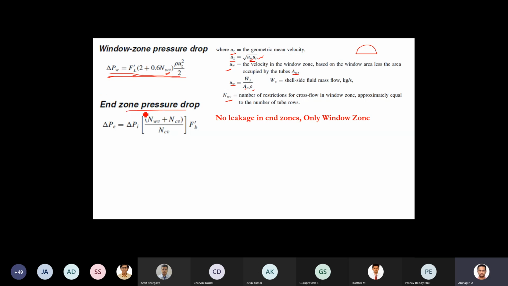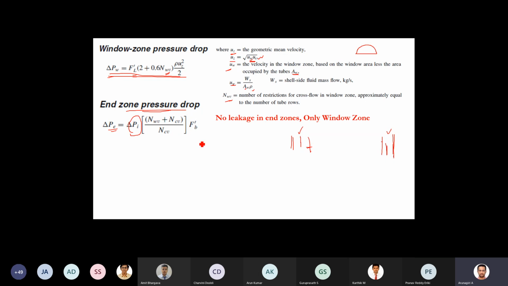Then you have to calculate the end zone pressure drop. The end zone is nothing but the zone between the tube sheet and the baffle at both ends, so we have two end zones. This is your tube sheet, this is your baffle. So delta P end zone is delta PI, the ideal case pressure drop, which has to be corrected by this ratio, (NWV plus NCV) divided by NCV, because here you have one window and also the cross flow zone.